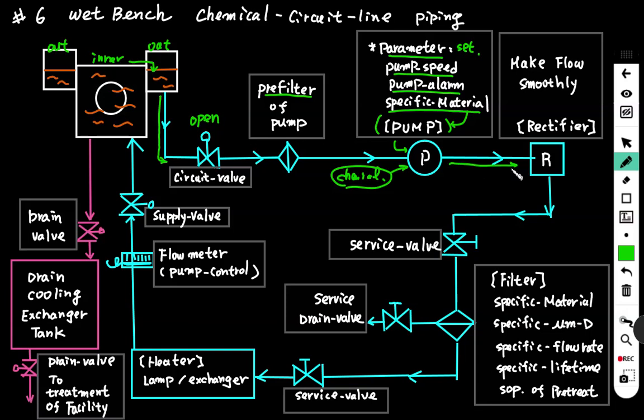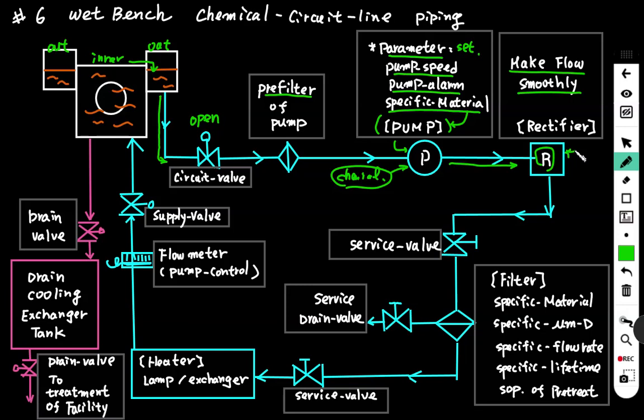And then the chemical goes through the rectifier. Its purpose is to make the flow smooth, because the pump stroke makes the chemical solution flow unsmoothly.